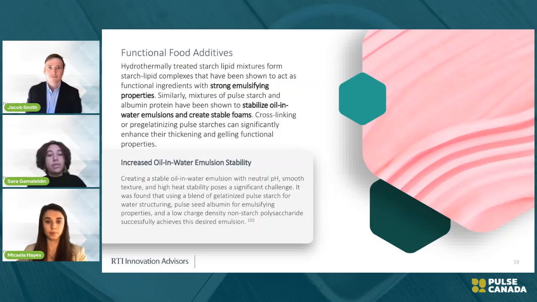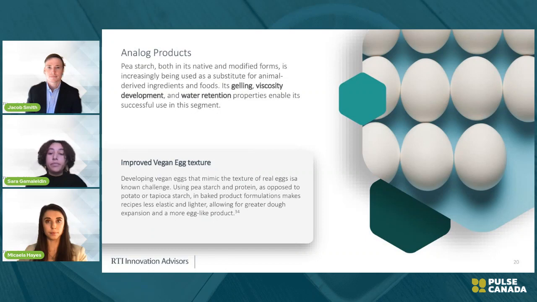Additionally, cross-linking or pre-gelatinizing pulse starches can significantly enhance their thickening and gelling functional properties. An example that we've seen was increasing oil and water emulsion stability, which has been done using pulse starch combined with albumin.